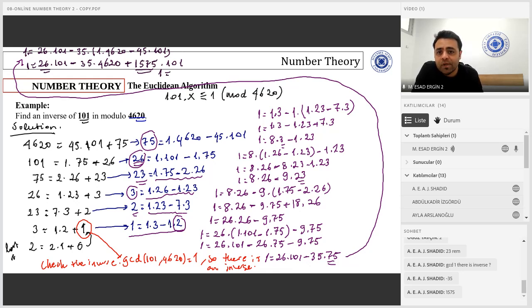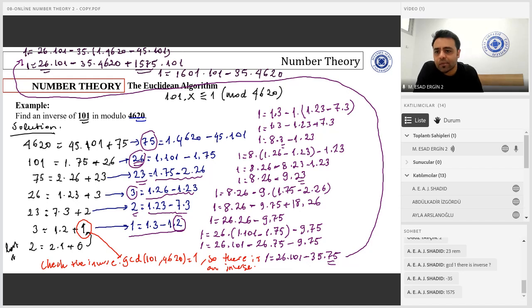It means that we have 1601 times 101 and minus 35 times 4620.